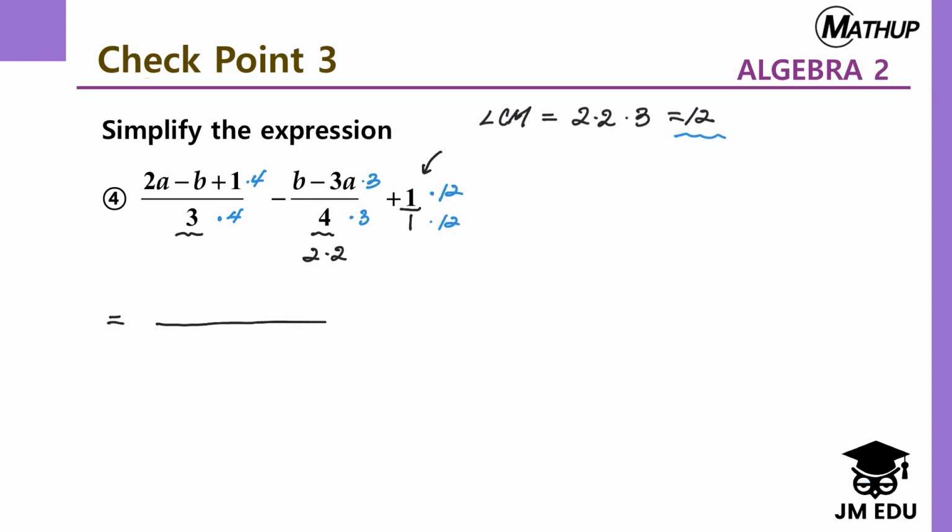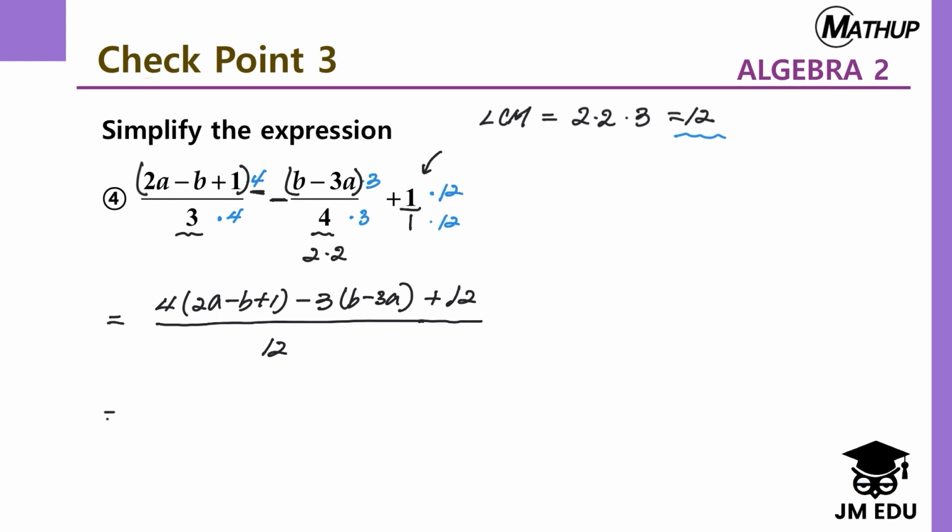So let's rewrite this expression. We have common denominator 12, 4 times parenthesis, always 2a minus b plus 1, because this is 4 times all of this expression, okay? So minus 3 times all of this expression, b minus 3a, plus 1 times 12, that's just 12, right?